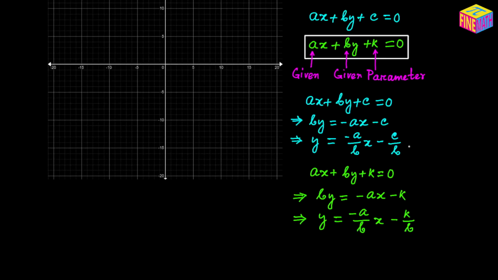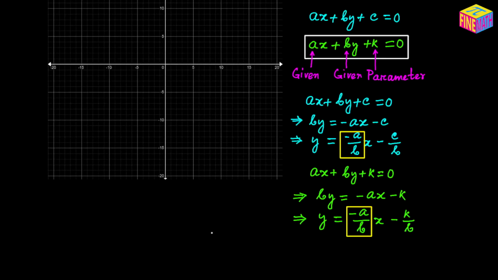Now if you look at both of these equations, negative a over b is the slope. So to come up with the equation of a straight line which will be parallel to a given line, we have to make sure that the slope is the same, and that's exactly what we see here: ax plus by plus c equals 0 and ax plus by plus k equals 0 both have the same slope.